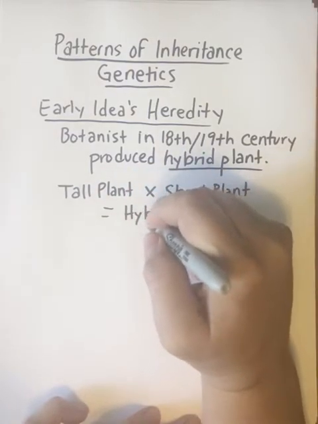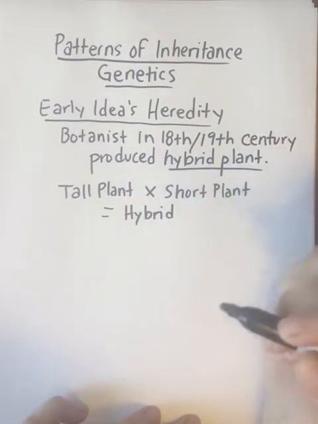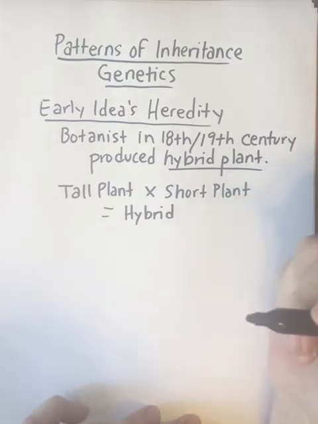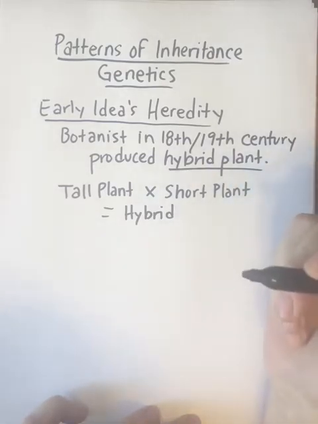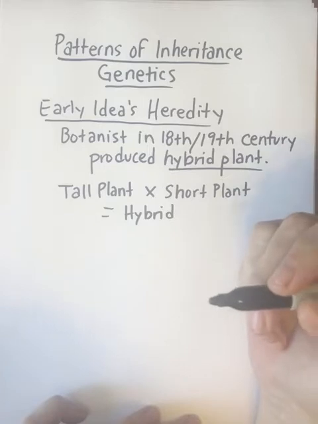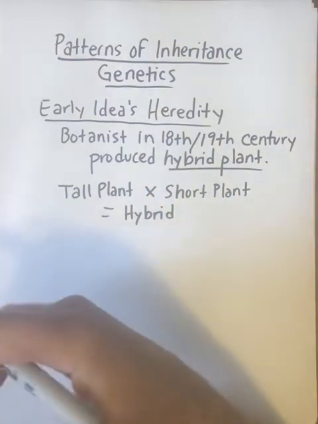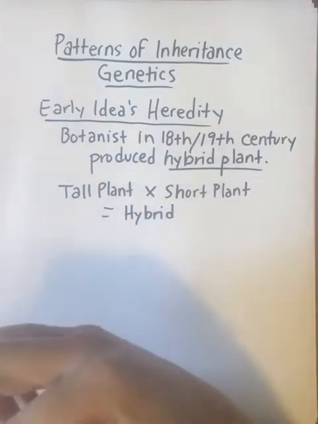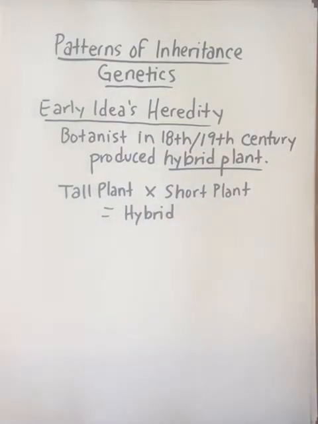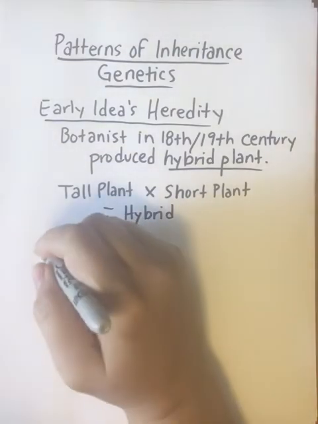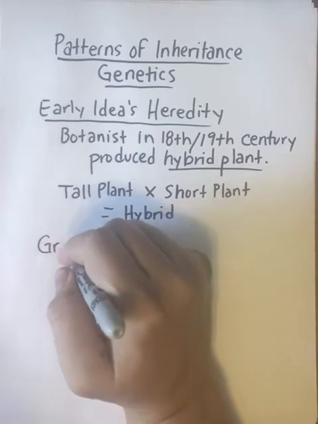Now the hybrids are going to be a little bit varied from their parent plants, in terms of strains. They do use hybrids a lot for different kinds of plants. We can cross different plants to create something completely different. So this is how we got our early ideas of heredity, and Gregor Mendel is what we call the father of genetics.